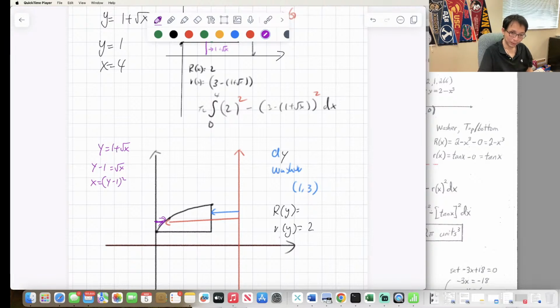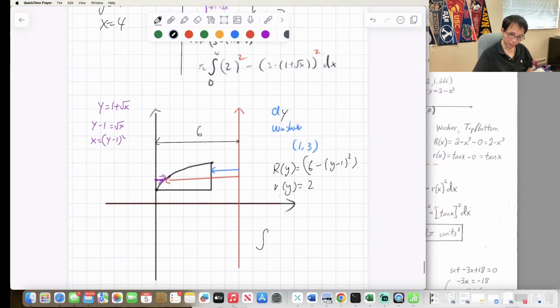So the red line must be what? The whole thing is going to be 6, right? 6 minus purple, you get the red. So it's 6 minus the purple, which is y minus 1 squared. And then that is going to be this. So the bounds are 1 to 3.